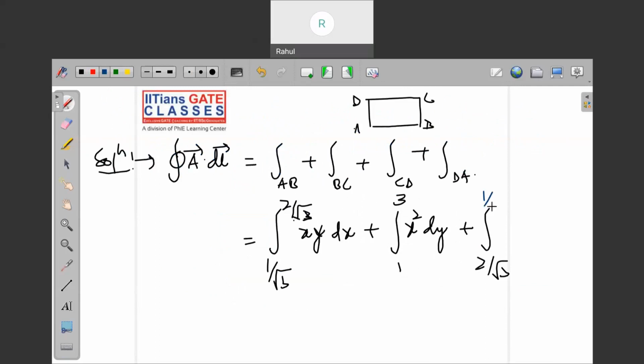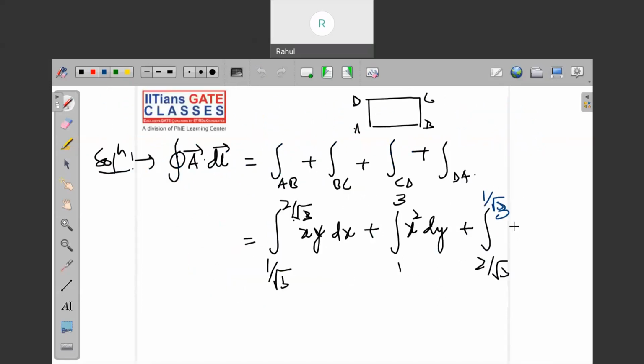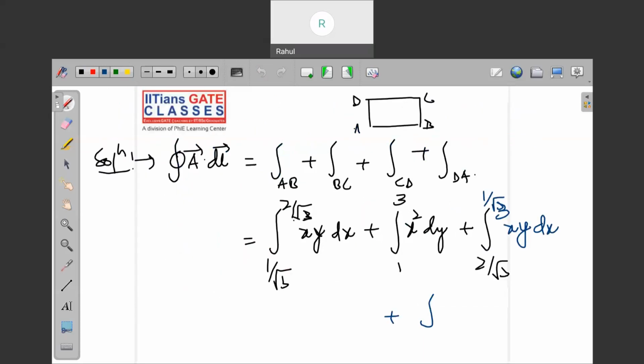And this is going to be your x component only, that is xy, so xy dx, plus. Now you are moving from 3 to 1, D to A, so the limit of integration is going to be 3 to 1, and this time you have to take x square dy.